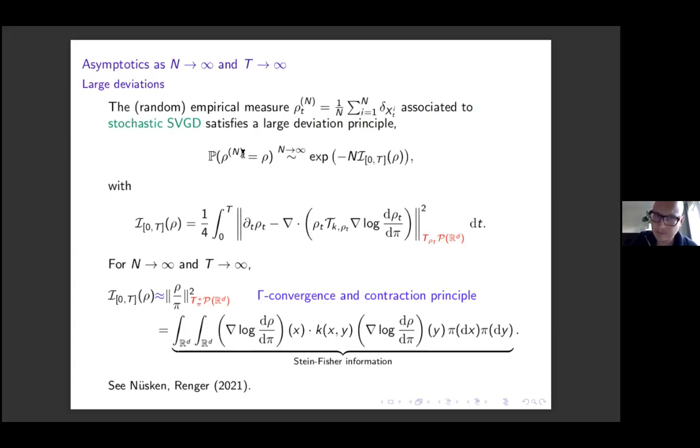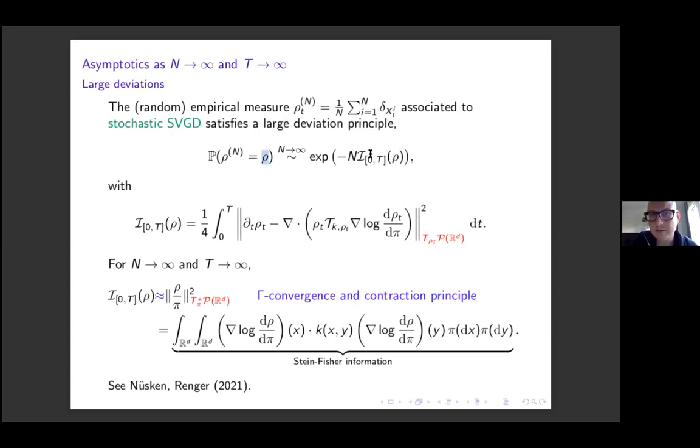This random empirical measure depends on n, and when n goes to infinity, we expect to get back the solution to the original Stein Fokker-Planck equation, which is deterministic. So as a random object, this is supposed to converge to something deterministic as n goes to infinity. The way it converges is described like this, where there is a function which depends on rho.